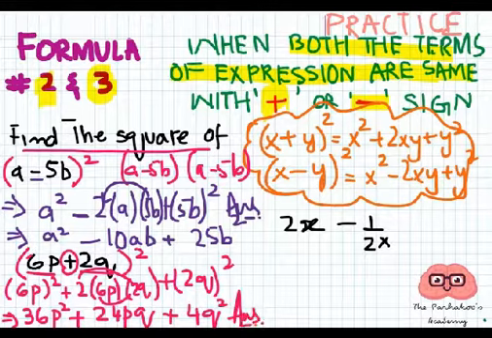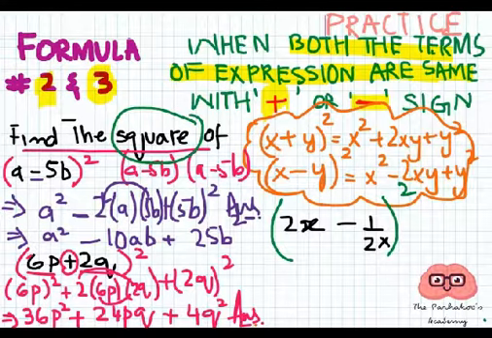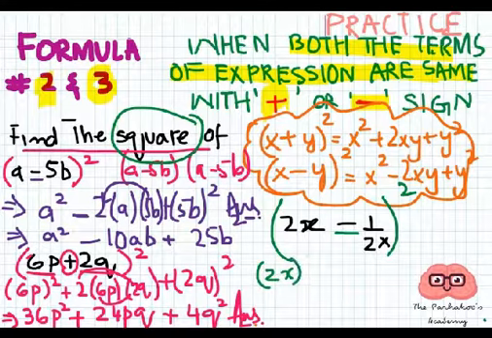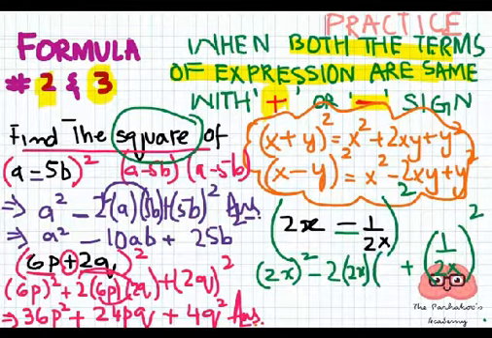Okay, let's try this one here as well. We have to square this since we are given find the square of. We have minus here. So 2x is squaring the first term, squaring the second term, and in the middle, since we have minus here, we'll put a minus 2 times the first term, which is 2x, and the second term is 1 upon 2x.